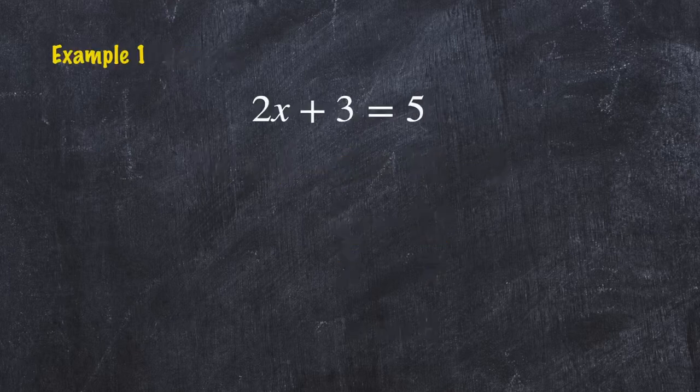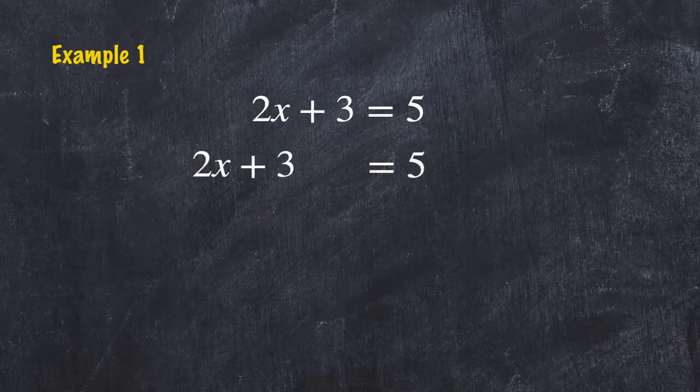Another example, 2x plus 3 is equal to 5. We begin with the number 3 by finding the zero pair of 3. The zero pair of 3 is negative 3. So this gives me 2x plus 3 minus 3 is equal to 5 minus 3.